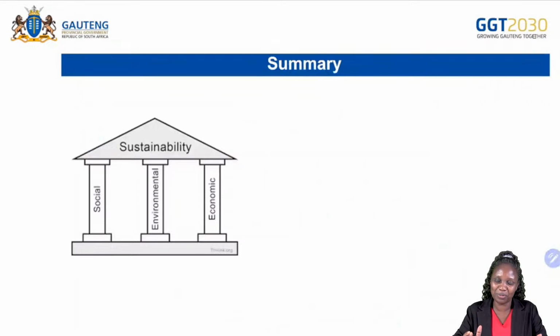For example, if tourists are coming into a country, we expect a lot of foreign income that will come to a country. And then there's the multiplier effect. Why are we saying that? It is because when tourists come into the country, we want them to spend. They spend on transport, they spend on accommodation, they spend on food.